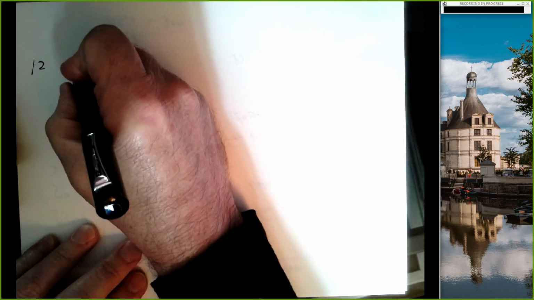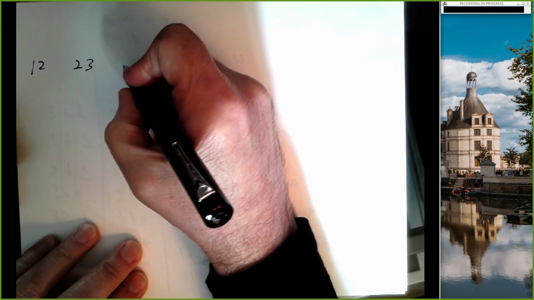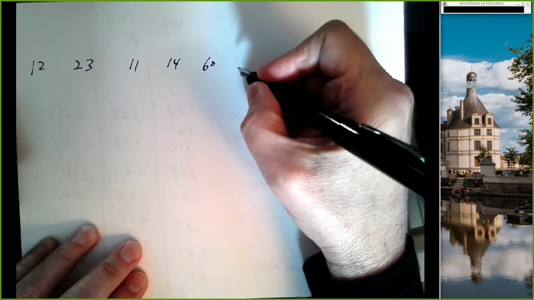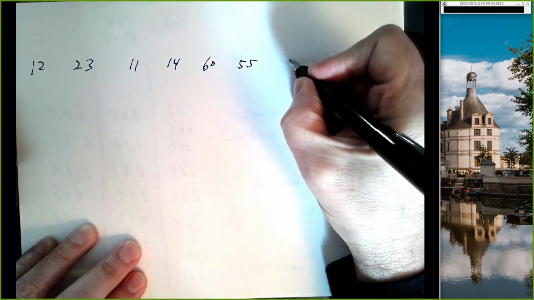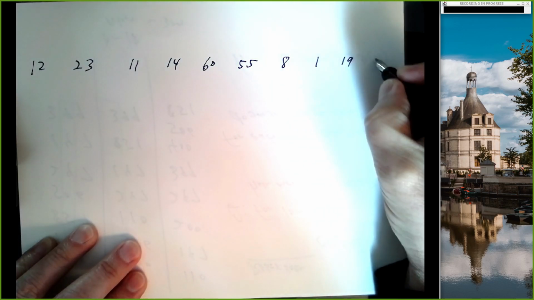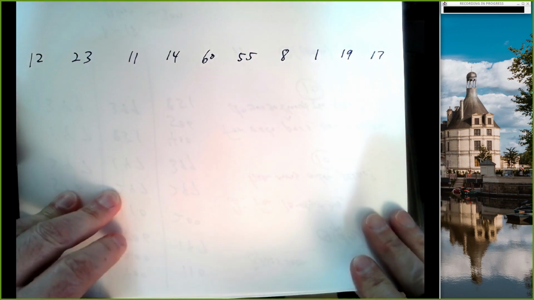And it's got some interesting performance characteristics. So let me make an array of numbers. And I'm going to put these out sideways. All right, so there's a set of numbers we want to sort. And again, we're going smallest to largest.